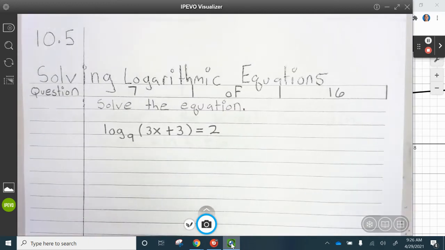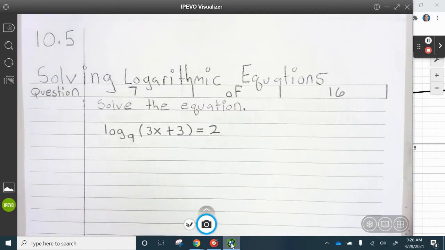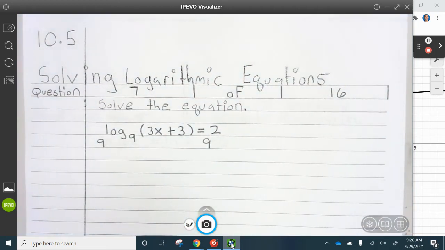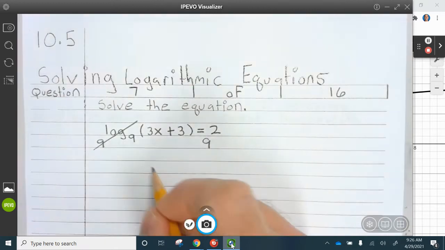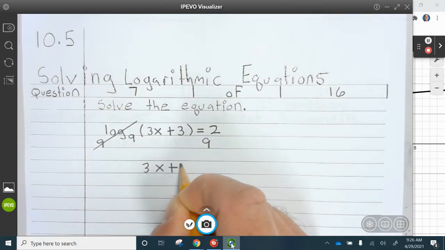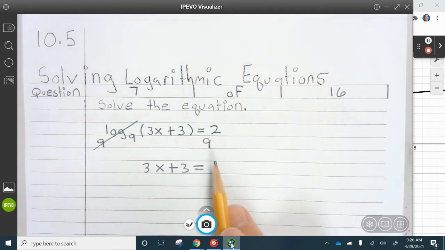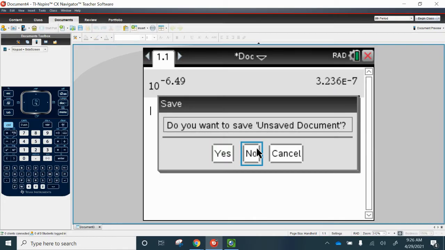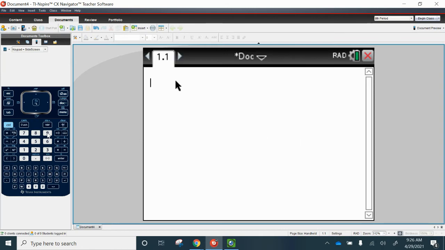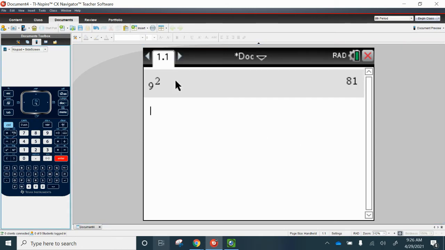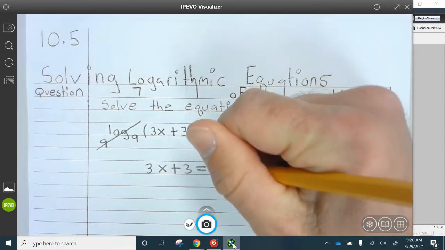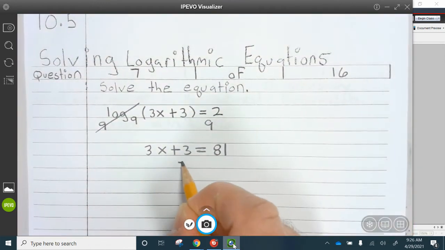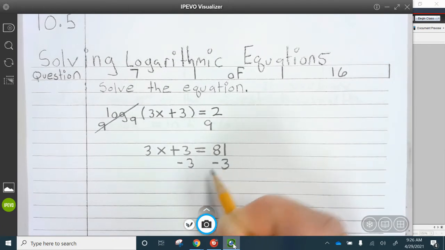Question 7 of 16. Solve the equation. What we're going to do is raise both sides by 9. When you do that, this cancels. You're left with 3x plus 3 equals 9 squared. You can use your calculator just to make sure we get that value correct. New document, add calculator. 9 squared is 81. We're going to subtract 3 from both sides.